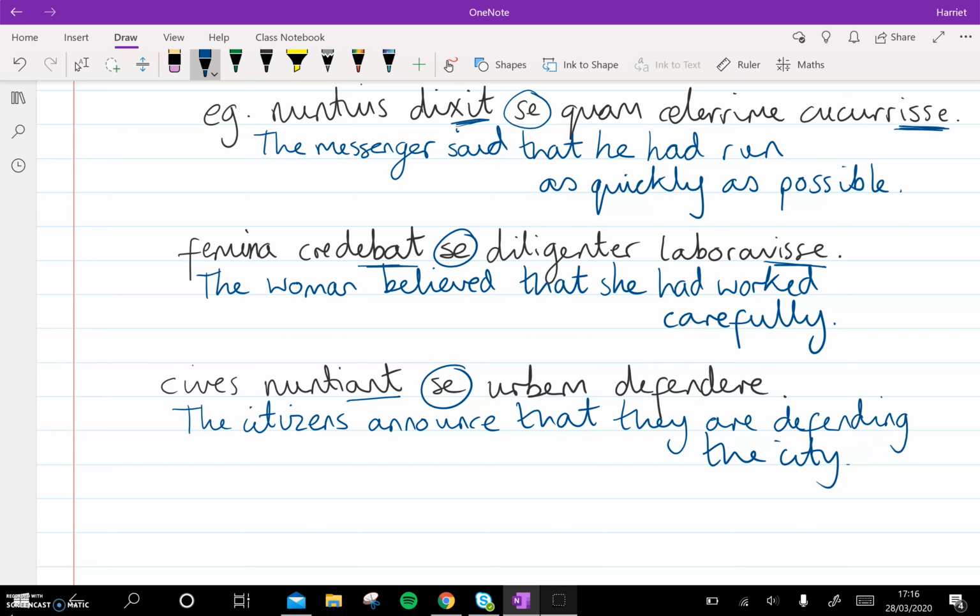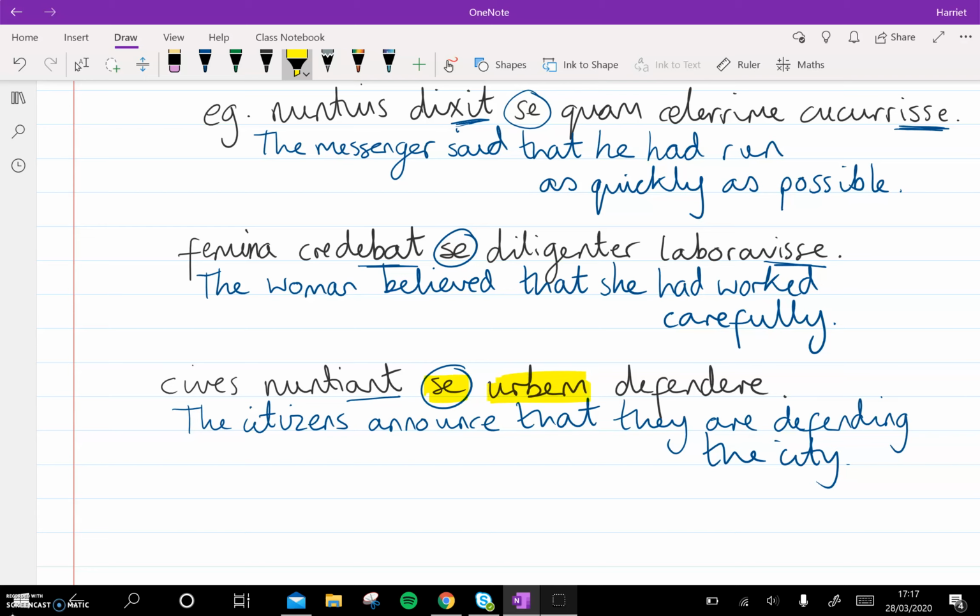So in these three sentences, se has been translated differently each time, and that is simply because it must refer back to whoever is doing that verb. Some of you may notice in that final sentence that we have two accusatives. We have se, but we also have them.